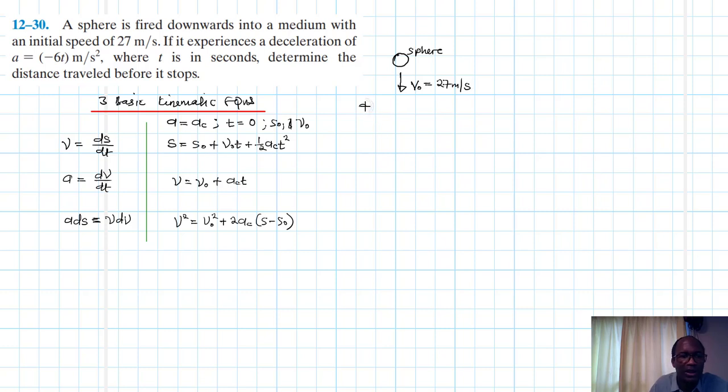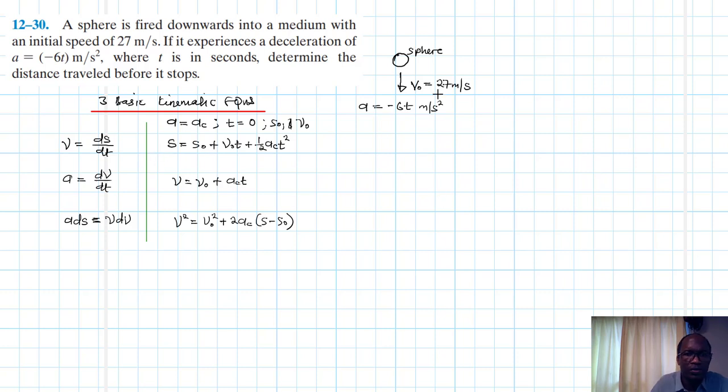Later on it experiences a deceleration of minus 6t meters per second squared. We are being asked to determine the distance traveled before it stops.